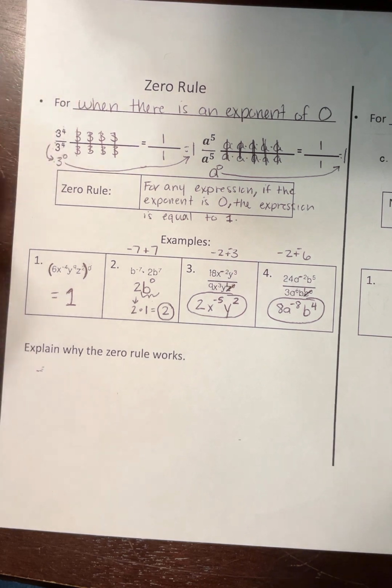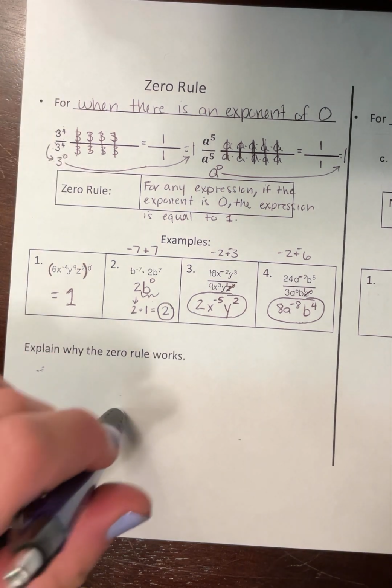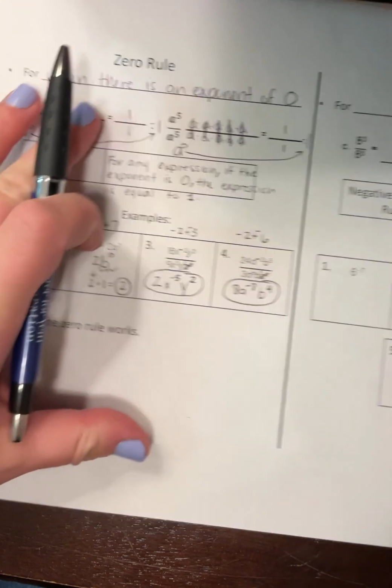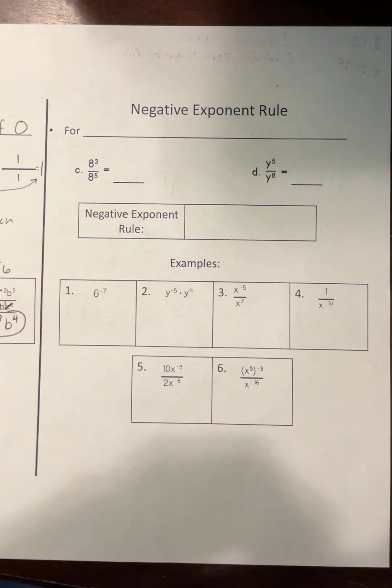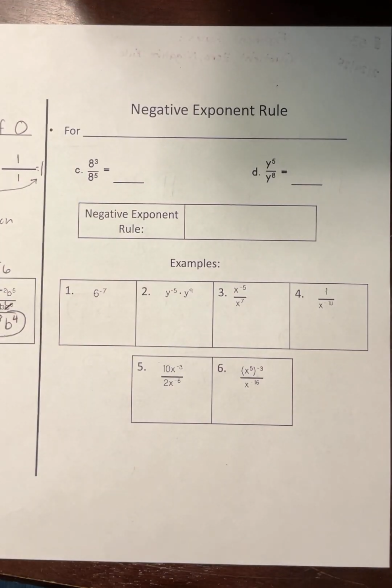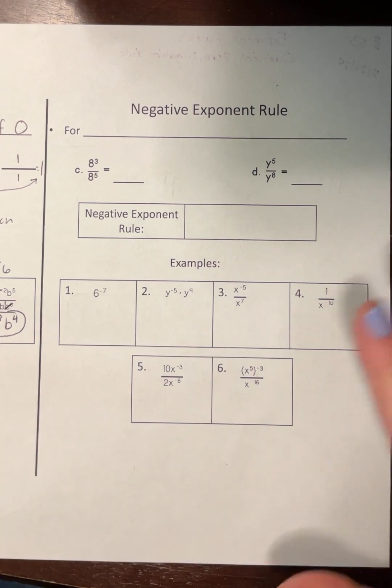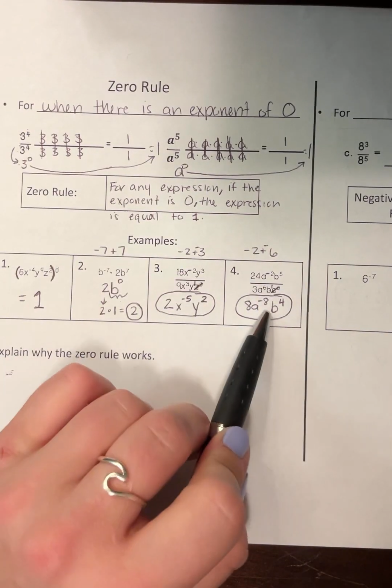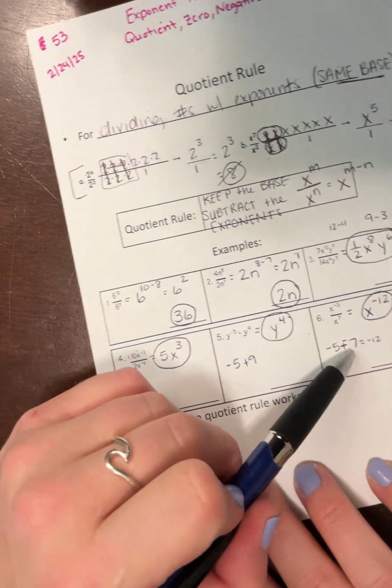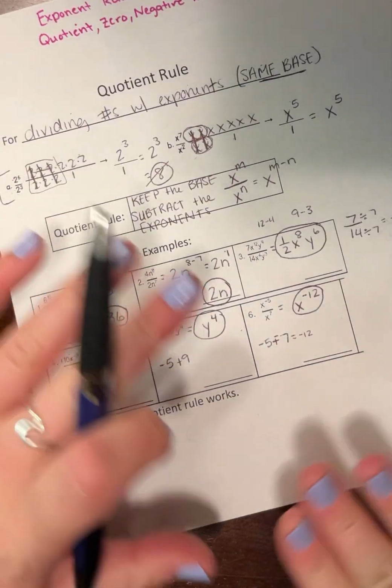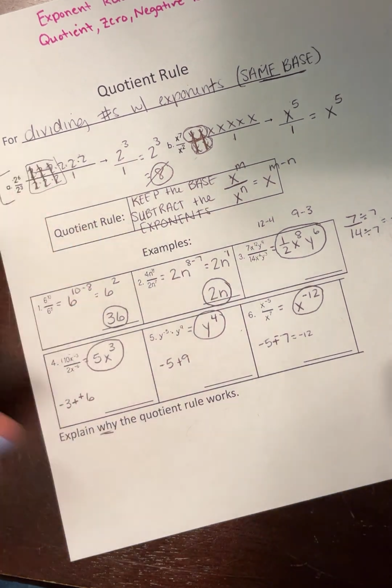All right, last rule. So again, if you didn't write anything here, get something intelligent down there. Okay. So our last rule is the negative exponent rule. And once we talk about this, we're going to come back here to 3 and 4, and maybe even number 6 on the other side, and we're going to fix those up a little bit so they're better.